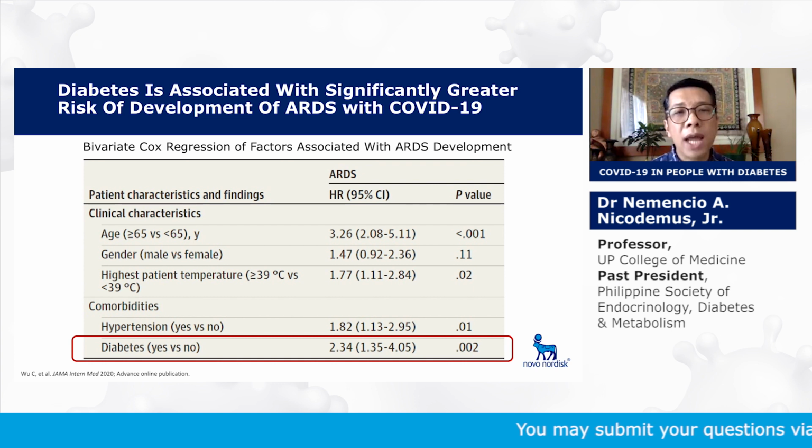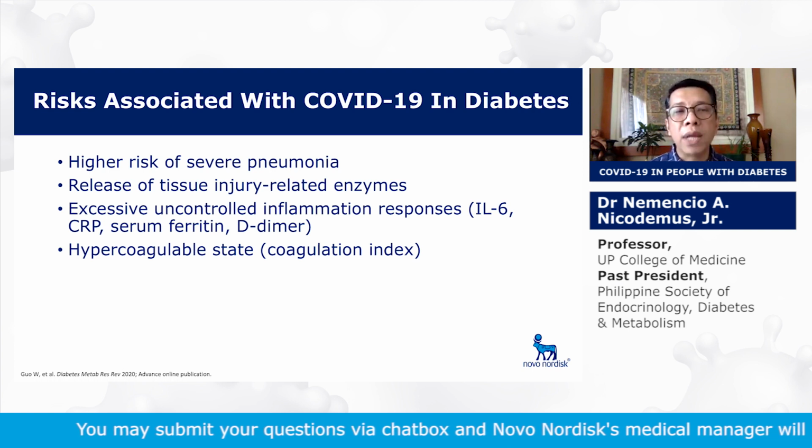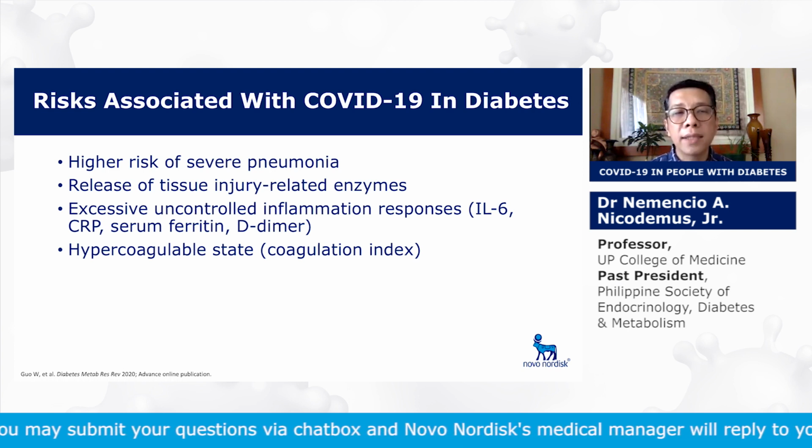If we are to summarize now what happens among patients with type 2 diabetes who have COVID-19, they are at higher risk of severe pneumonia because they release tissue injury-related enzymes.